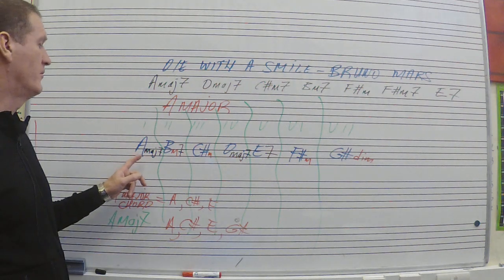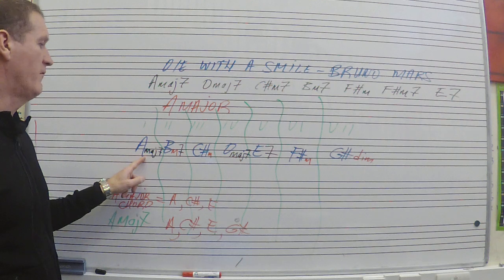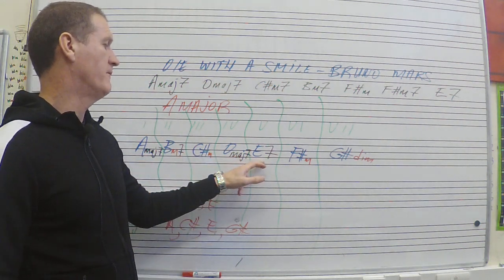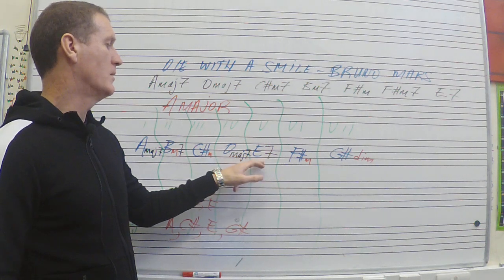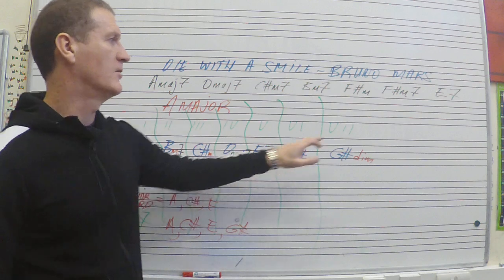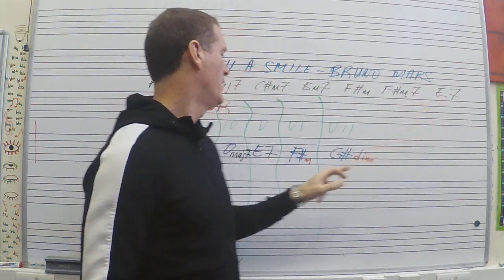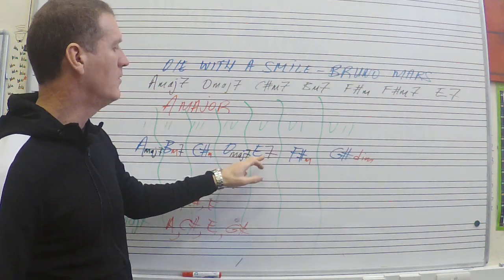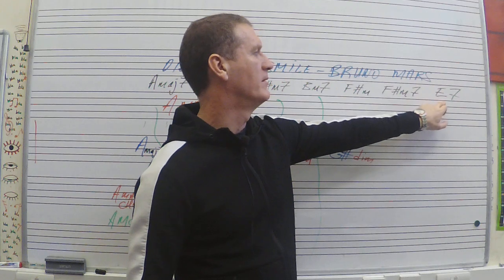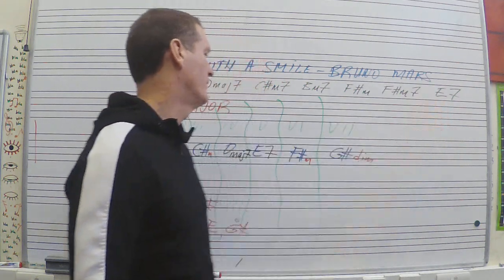These are the rules. The 1st and the 4th you always turn into major 7s if you're forming the 4-note version. The 5th chord you turn into what's known as a dominant 7th. It's not major 7, it's just 7th on its own. And look at this, E7, that's why it's not called a major 7. The 5th chord is the only one you can turn into just a something 7. It's called a dominant 7th, or you can just call it a 7th.